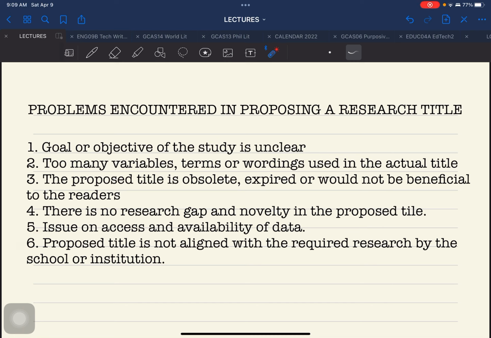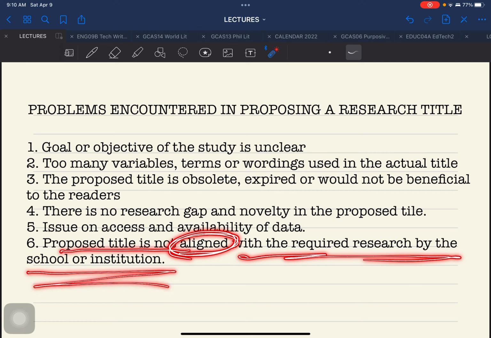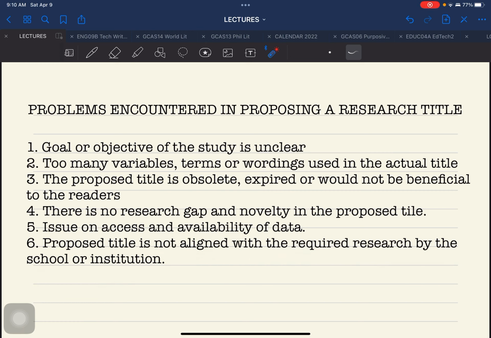Number 6, the proposed title is not aligned with the required research by the school or institution. There are schools and institutions that require you to align your study with a particular type of research.